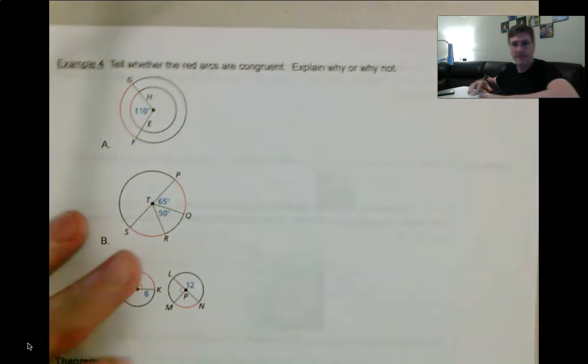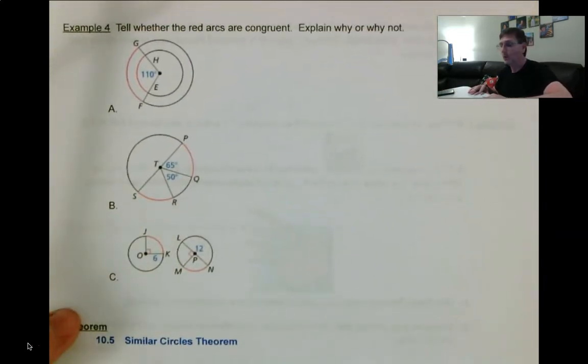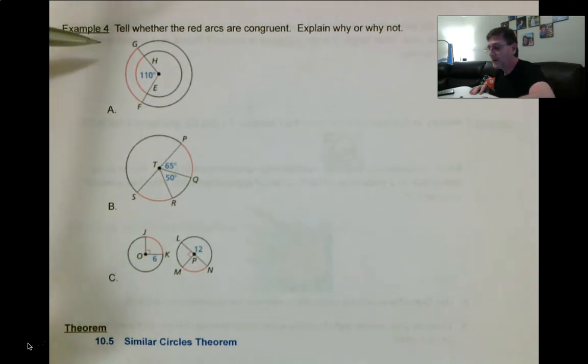Example 4. Tell whether the red arcs are congruent. Explain why or why not. So here I have an arc here and an arc here. These are the two red arcs. Are they congruent?